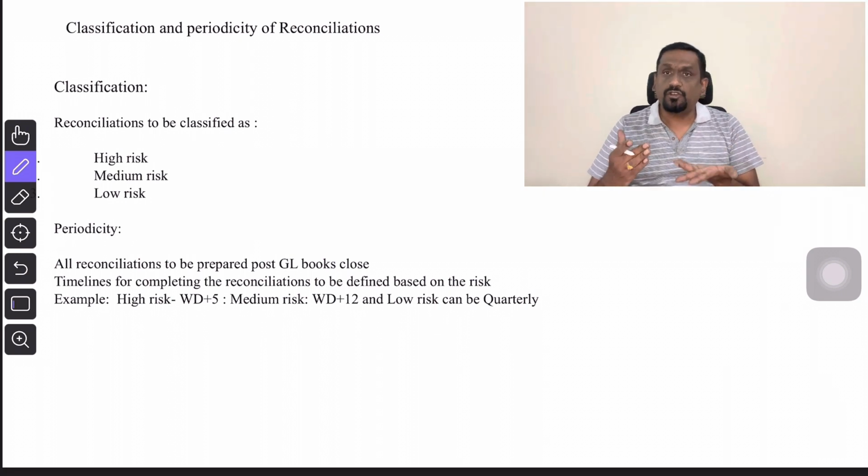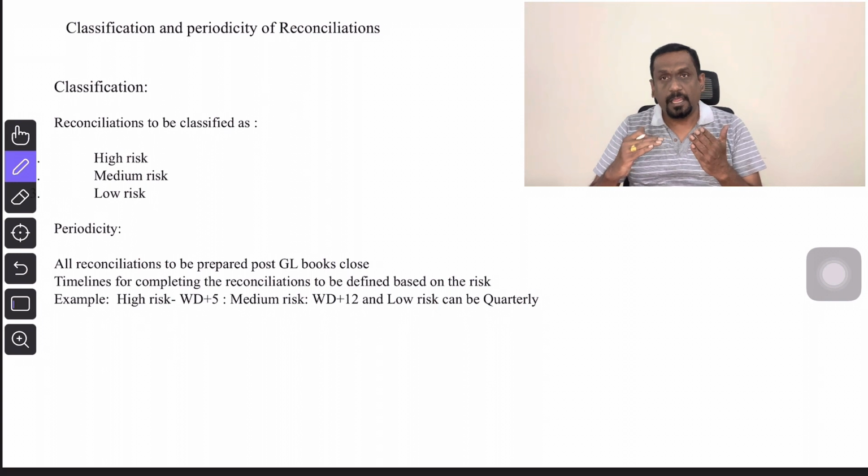If there are any changes to be done, please make sure that you change those risk factors accordingly and ask your people to perform the reconciliations accordingly. Right? So this is how the risk factor and periodicity will be decided. This is very important. That's all for today's video.